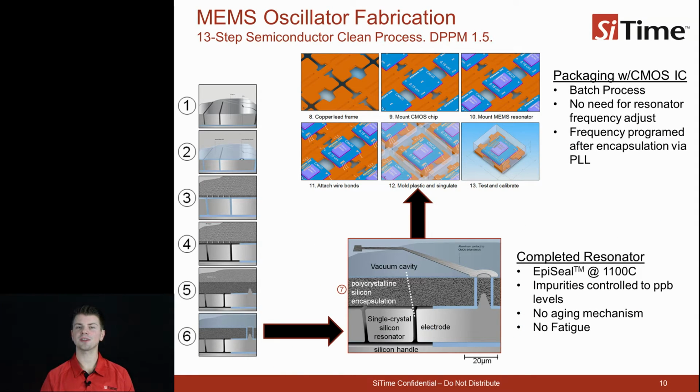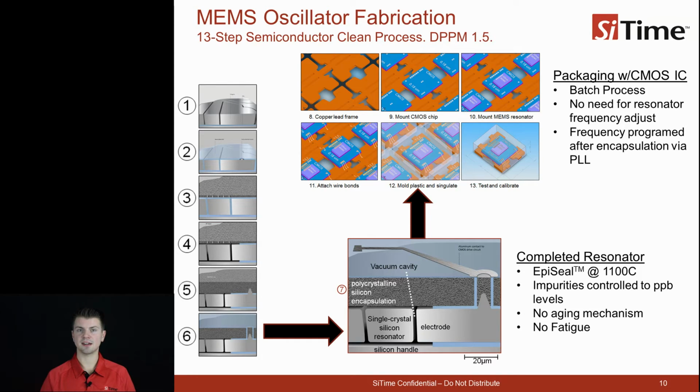In contrast to the 23-step process to manufacture a quartz crystal oscillator, the MEMS oscillator fabrication consists of only 13 steps, 7 for the resonator and 6 to package the MEMS resonator with the CMOS IC. Most importantly, the MEMS fabrication process is performed in an ultra-clean semiconductor wafer fab with contamination levels controlled down to part per billion level.